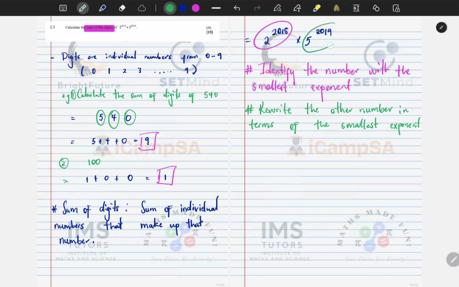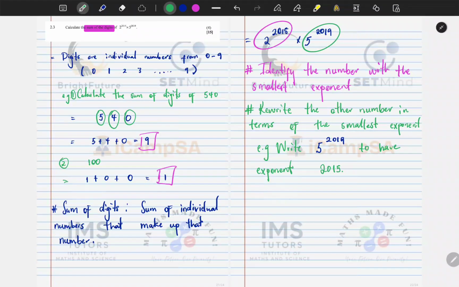What we mean by that is we are going to try and write 5 raised to the power of 19 to have exponent 2015.